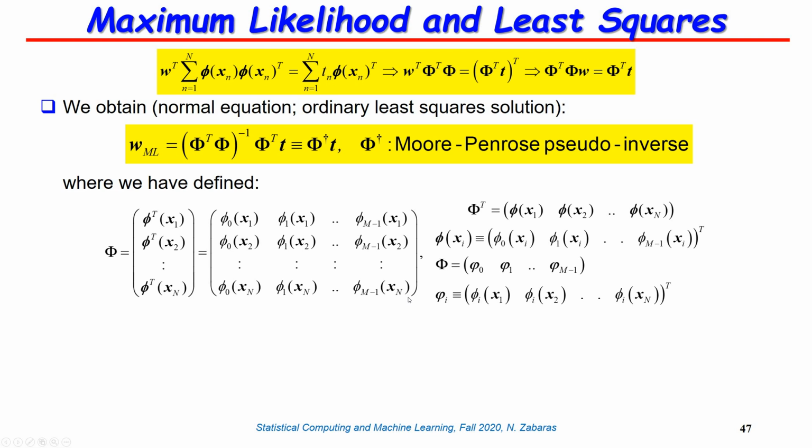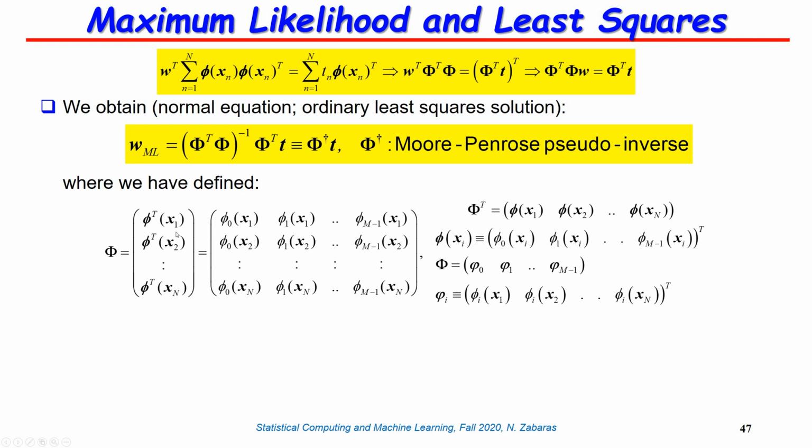So always remember, every row is one training data point, and in every column you have each of your basis functions. If you look at column 1, you have your basis function phi0 evaluated at all of your training data points. On the second column, you have phi1 evaluated at all the training points, etc.